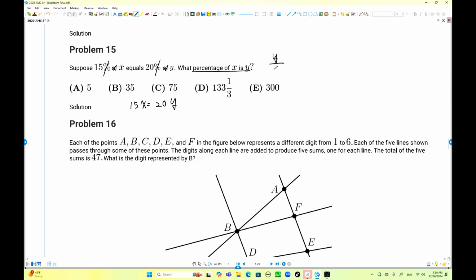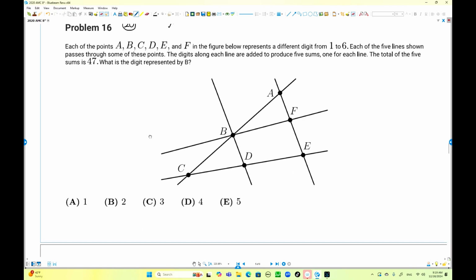The expression should be y over x. x is moved down over here, that is y over x, isn't it? And this is moved down there, right? So y over x is 15 over 20. When you divide by 5, it's 3 over 4, right? That is 75%.